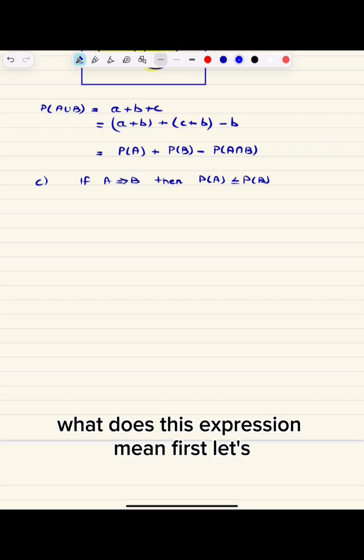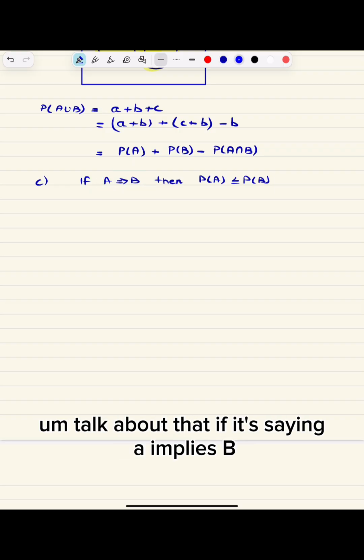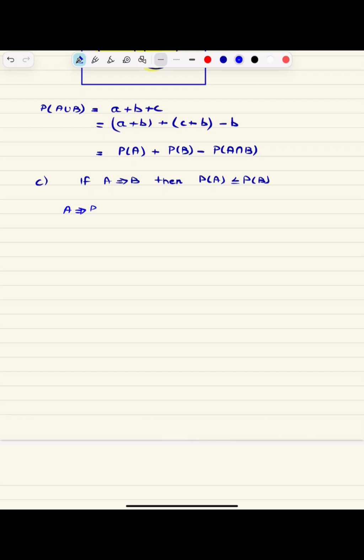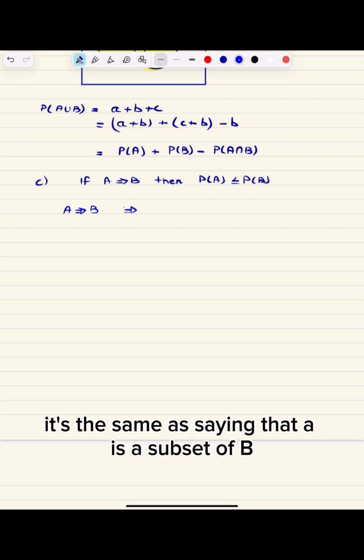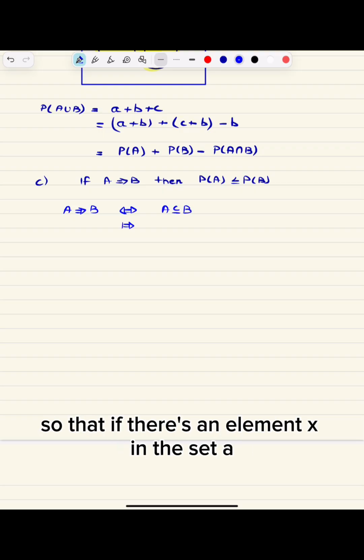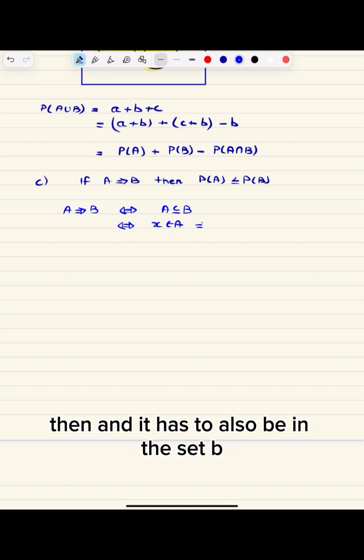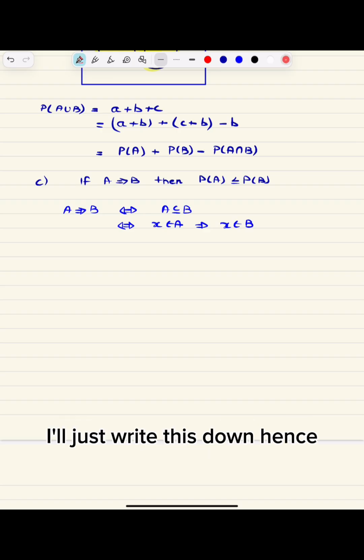First, let's talk about that. Saying A implies B is the same as saying that A is a subset of B, so that if there's an element x in the set A, then it has to also be in the set B. I'll just write this down.